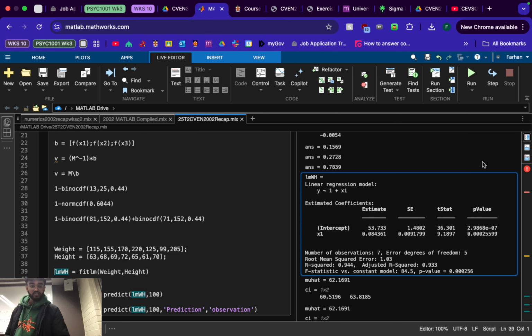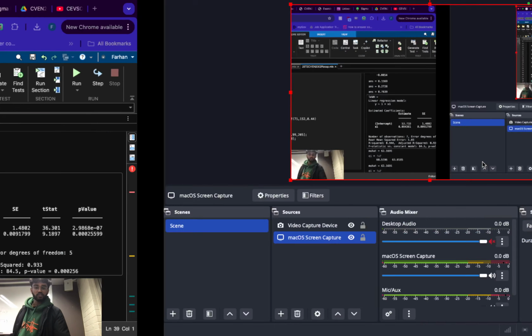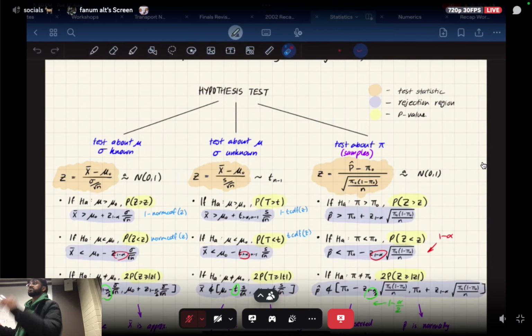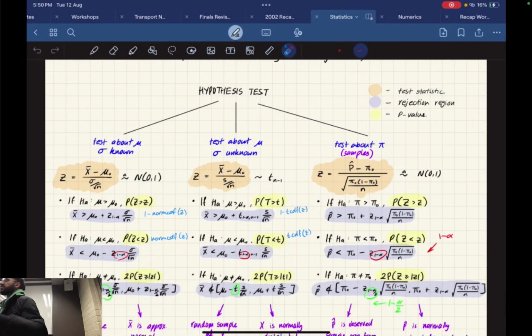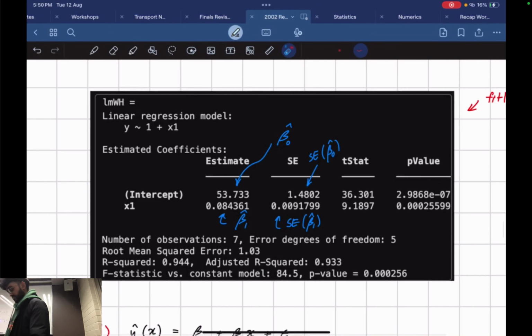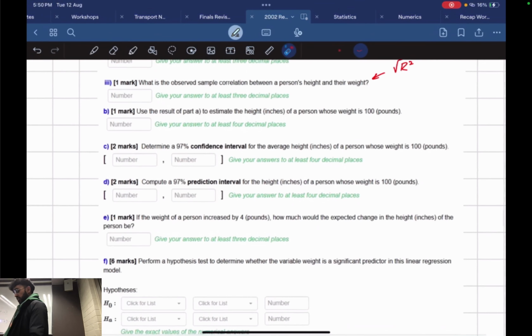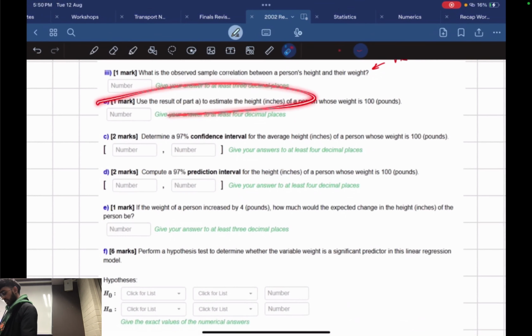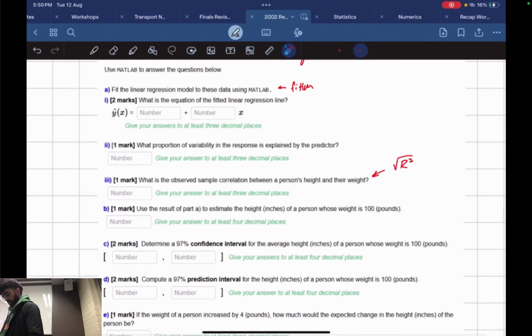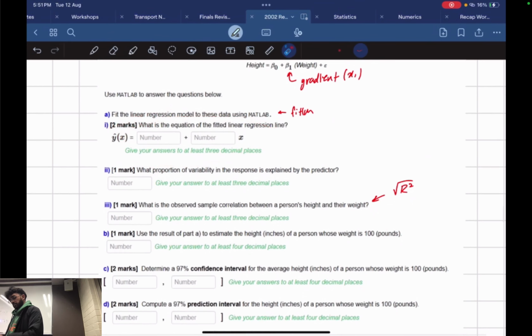There's also something called a rejection region, which they might ask you in some other question. I'm not going to cover it now. Anyways, let's move on. So part B, use the result in part A to estimate the height in inches of a person who weighs 100 pounds.